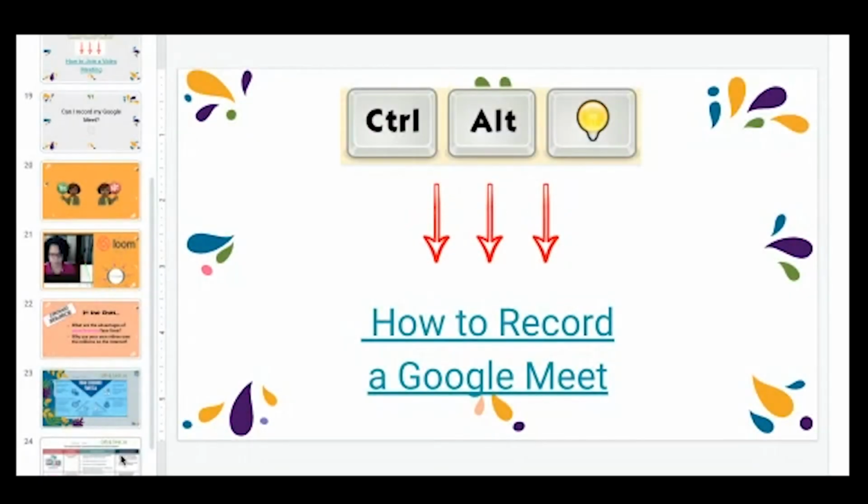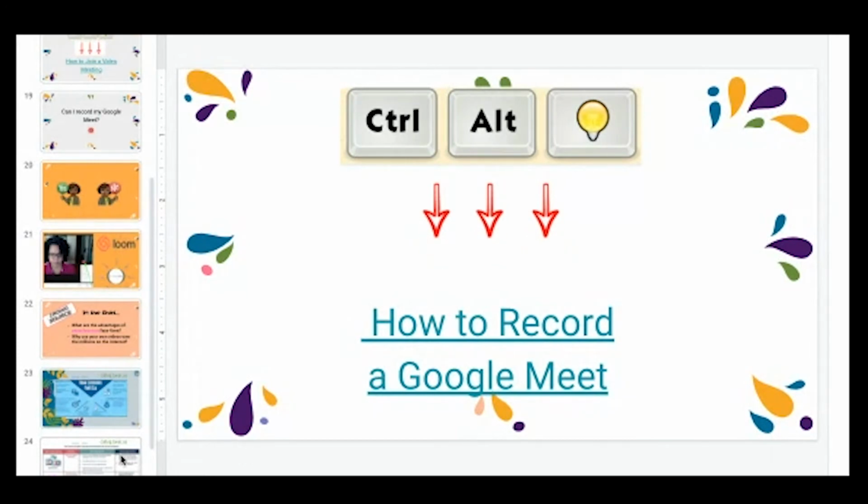Here's a little tutorial from our friend Eric about how to record a Google Meet. If you do not see the red button and your organization has that button off, it is a question that you can ask. This video will actually show the IT side, the back end, where you would flip it on.